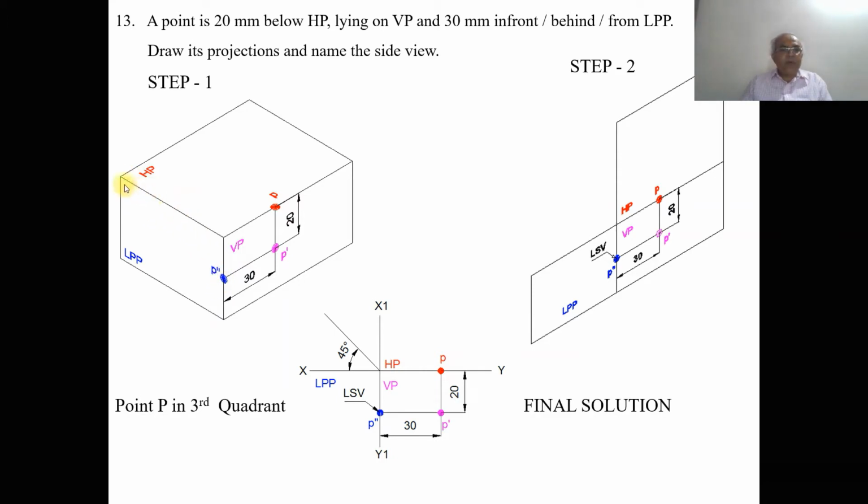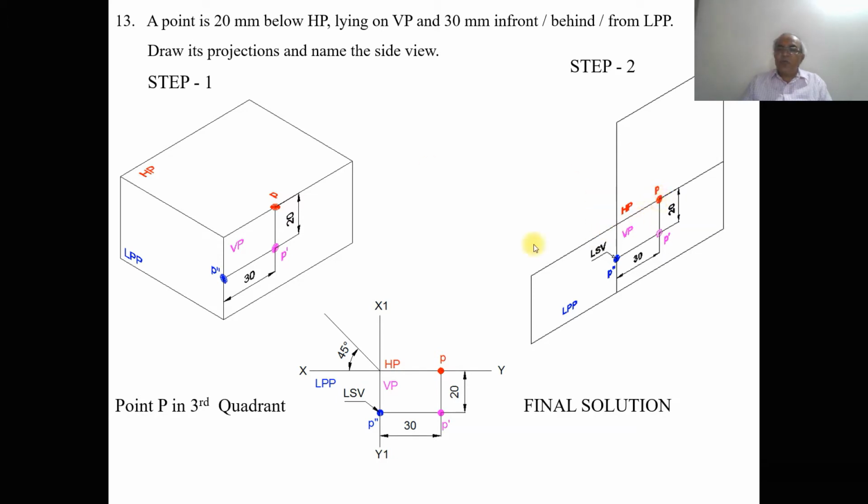When you cut it and open it, HP will be rotated to the top and LPP will be rotated to the side, so you are going to get it like this. Here behind LPP is 30 mm, which is seen in VP. When you look from the front view, below HP is seen in VP, so you have got P dash, and lying on VP, so obviously it should be on the XY line, and behind LPP is that distance, which is 30, so you are going to get this.